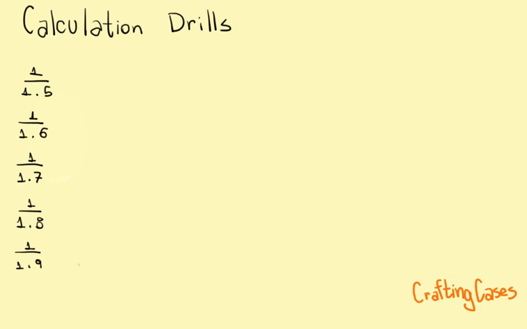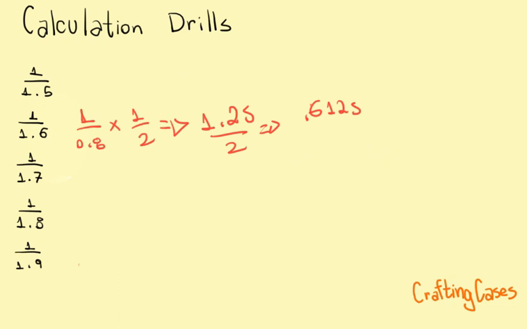First way of doing this: 1 over 0.8 times 1 over 2 brings us to 1.25 over 2, 0.6125. Okay? Which is close to 61%. Okay? Next one.